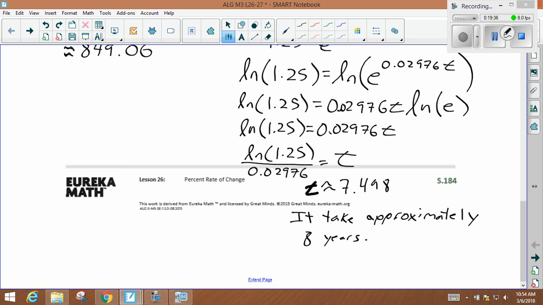Yes, approximately 8 years, because really it happens during the 8th year. You understand? You can round to 8. You can say 7.5. Why do you say 8? I want to know how many whole number years. I'm just answering in a whole number. Okay.